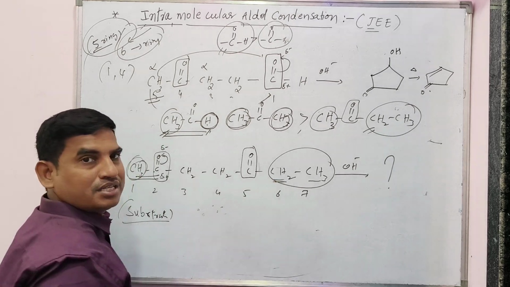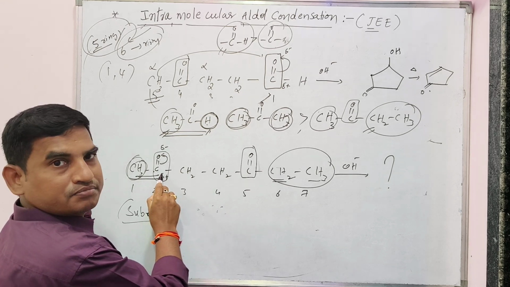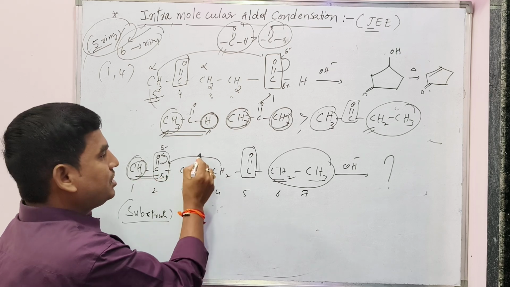And here the alpha carbon forms a carbanion. Which alpha carbon? If you go for this one, counting 1, 2, 3 positions, it is a 3 membered ring, which is not possible.